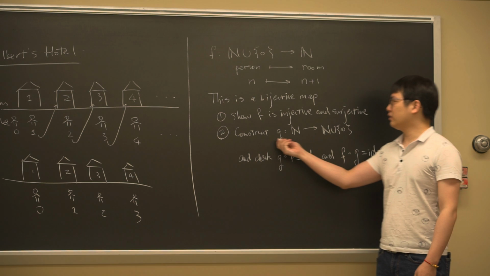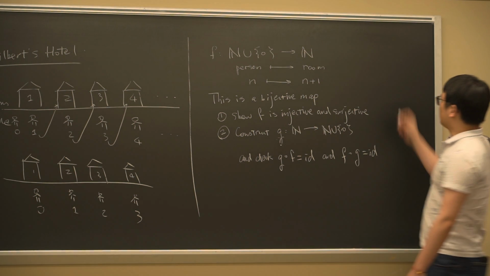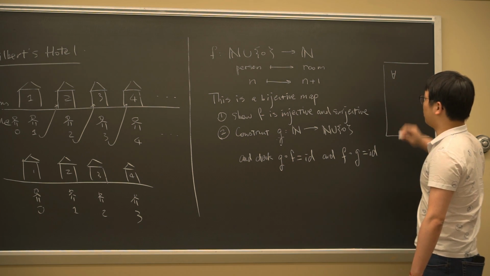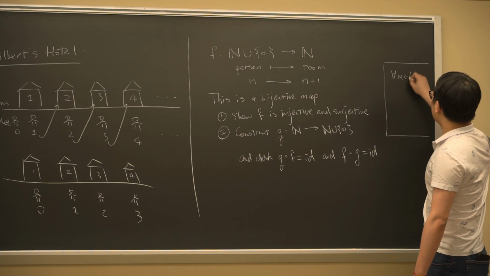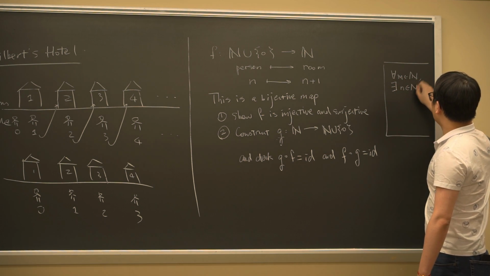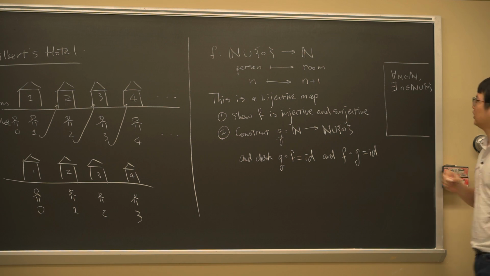Okay, just to remind you how to construct this function G is that we basically want to assume there's some element in the codomain, and we want to check there's an element in the domain. So this is part of the proof of surjectivity.